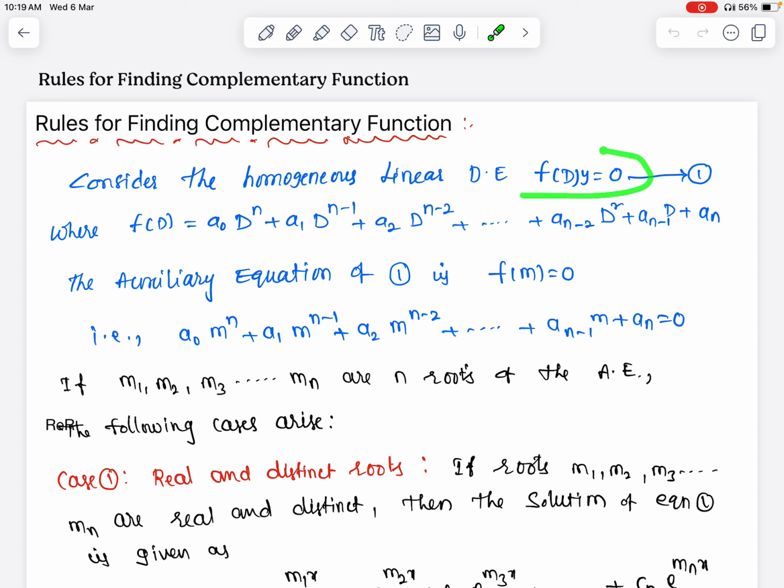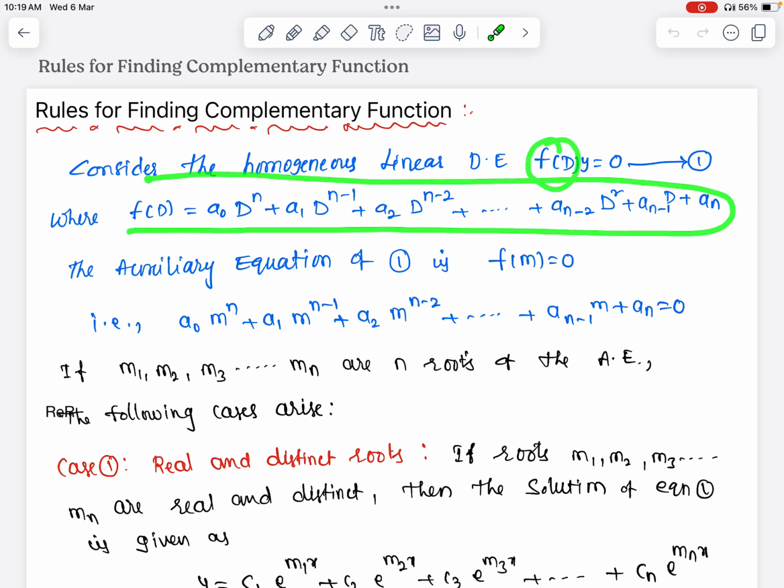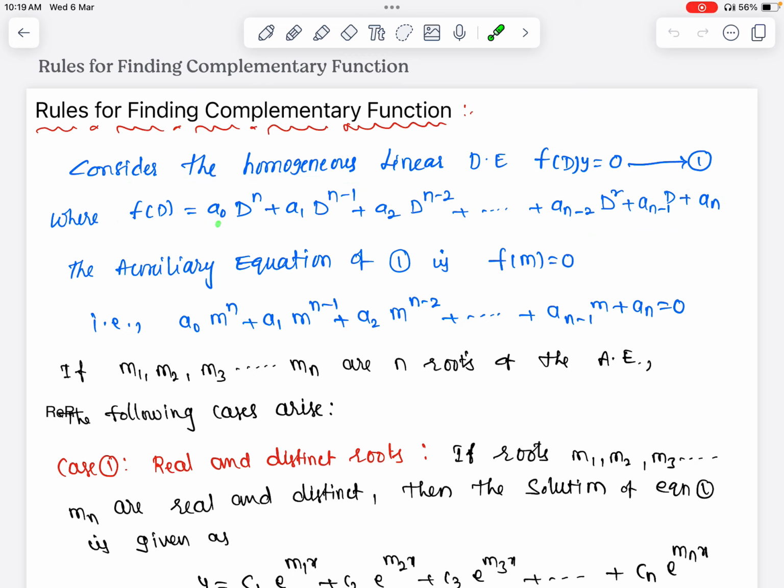First we should know the general procedure for the complementary function. If the given equation is a homogeneous linear differential equation of the form f(D) y = 0, here I am taking f(D) as an nth order operator: a0 D^n + a1 D^(n-1) + a2 D^(n-2) + ... + a(n-1) D + an.